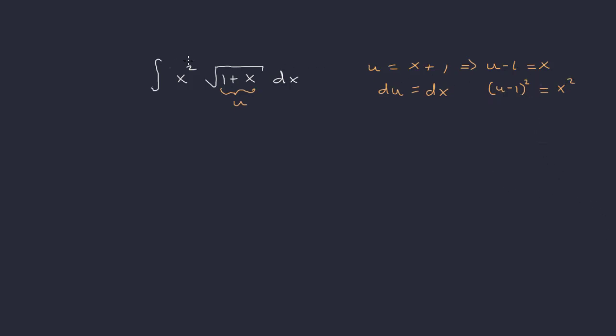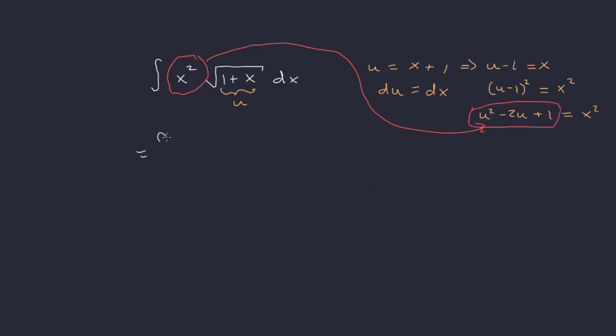And there we go. I'm going to go ahead and FOIL this out. That'll be u squared minus 2u plus 1. That will be the same thing as x squared. Okay, so our x squared, we can replace with this guy right here.